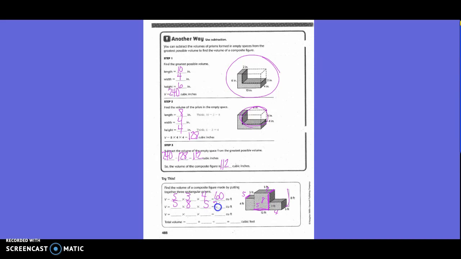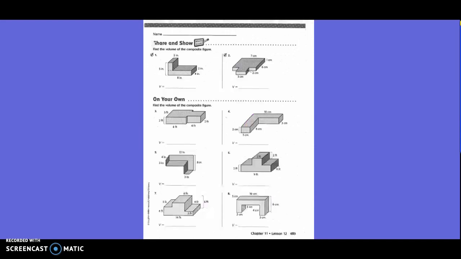Or $2. Okay. Then our next one is 4 by 5 by 2, which is 40. So 60 plus 200 plus 40. So 60 plus 40 is 100. So 100 plus 200 is 300. So 300 cubic feet.